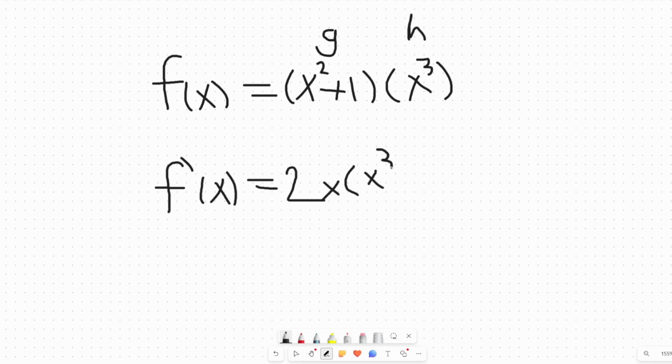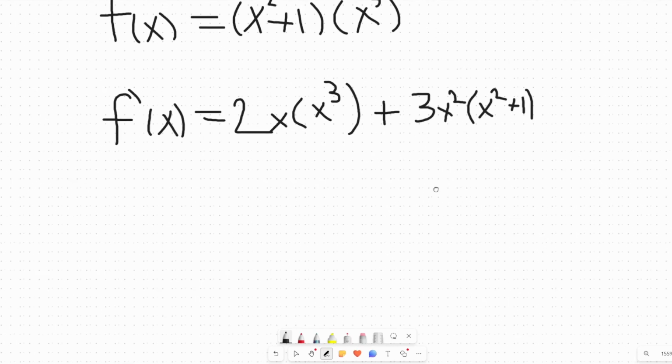So it's 2x times x cubed for the first term, and then plus 3x squared times x squared plus 1. Now we do the simplification.